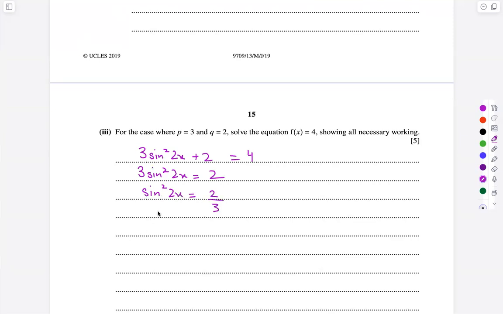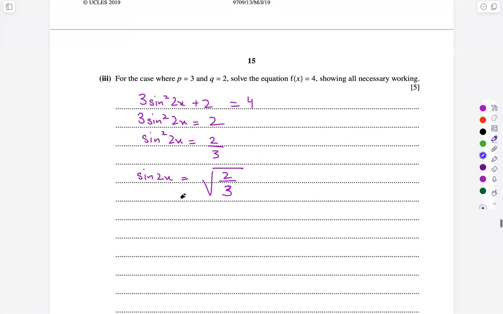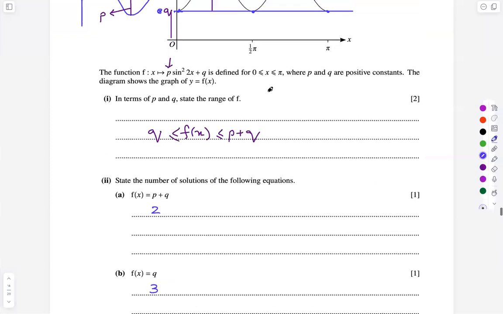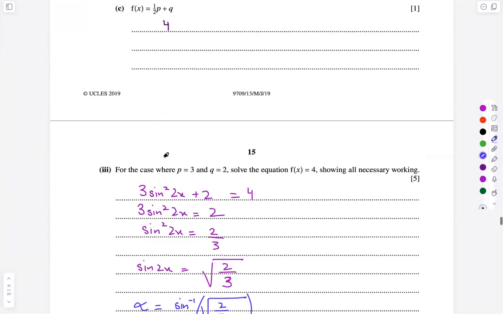Taking the square root on both sides, sine 2x will be equal to square root of 2 upon 3. Now, to find the value of x, first we'll find the sine inverse of square root of 2 upon 3. That will give us the basic angle. We have to make sure that the calculator is in radian mode, as the values of x are from 0 to pi.